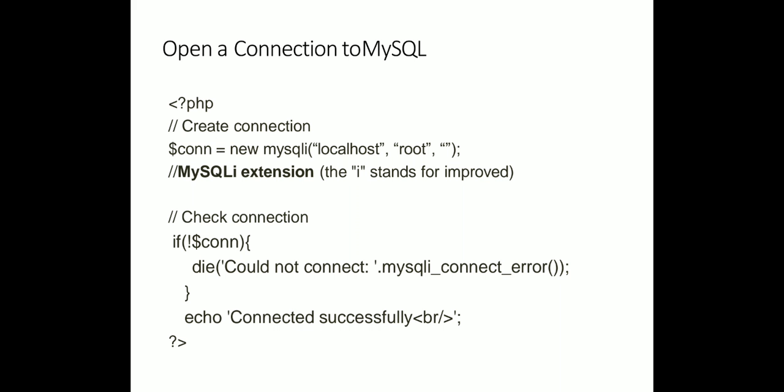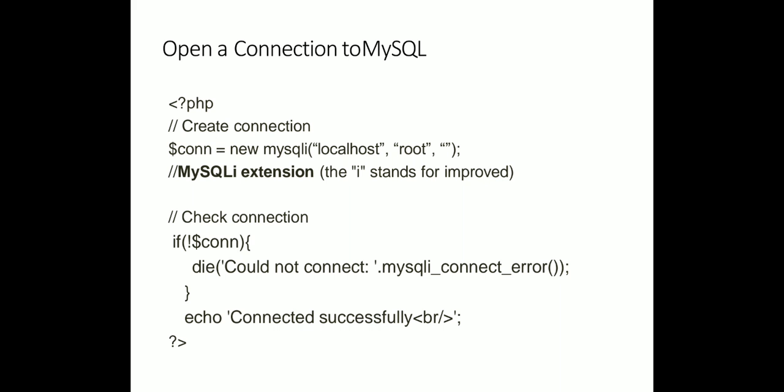The default port is 3306. Then root is the name of the user who is accessing the database. The default name is the server process owner, which can be root.